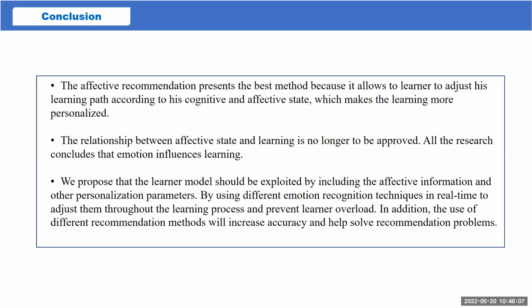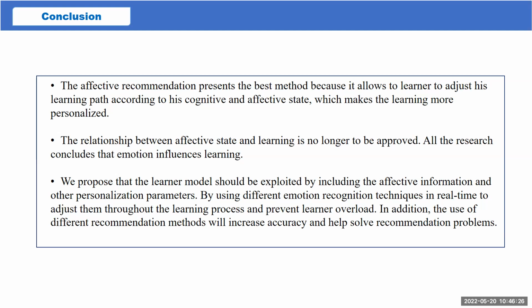The relation between affective states and learning is no longer to be proved. Affective recommendation presents the best method because it allows the learner to adjust his learning paths according to his cognitive and affective states, which makes the learning more personalized.